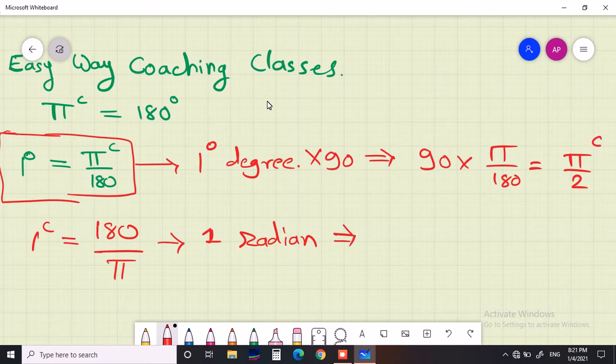So if you want to know how many radians 90 degree is, simply multiply it by pi by 180.